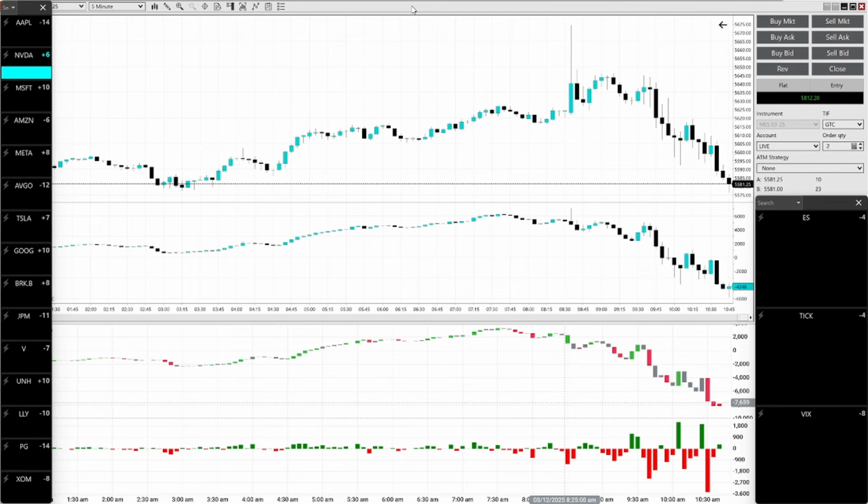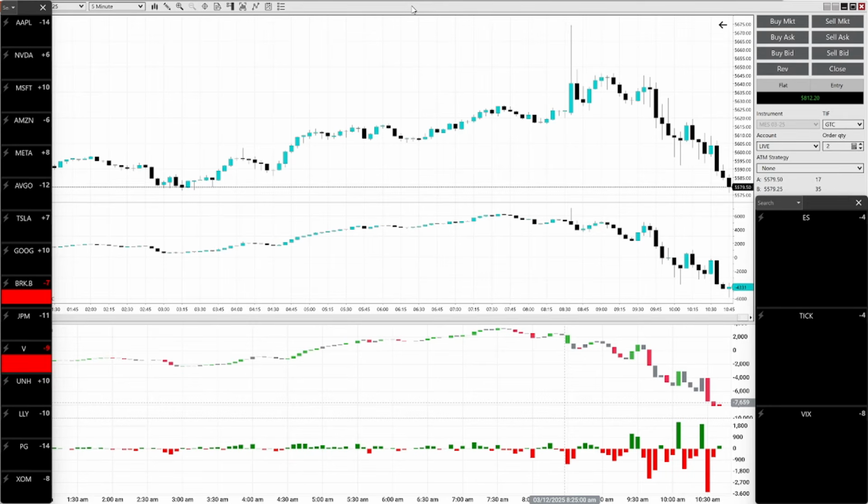So I would probably take a short there. Now I can't see the levels, so there might be a level right there that I'm not looking to short into. It's interesting when you rewatch your trading setups you might have taken or not have taken.